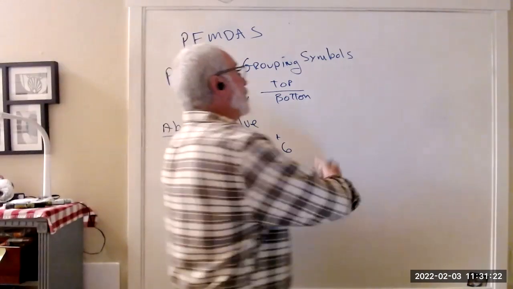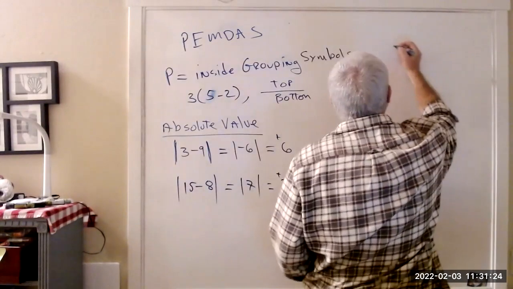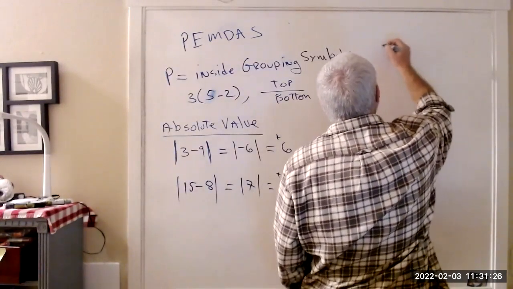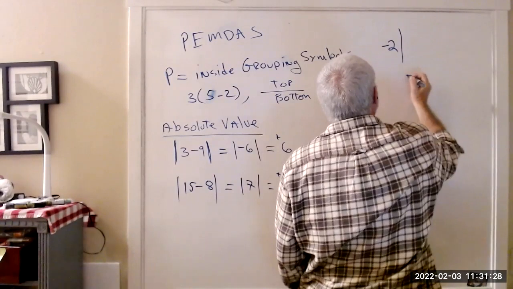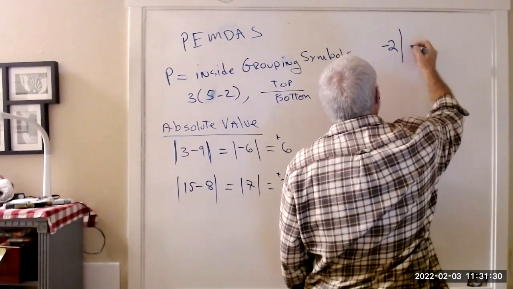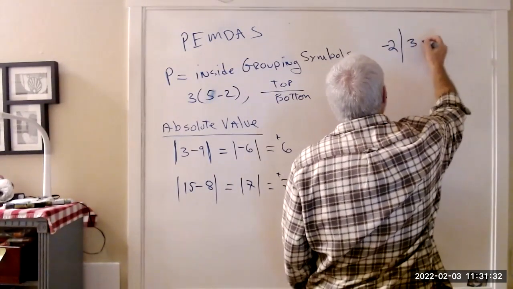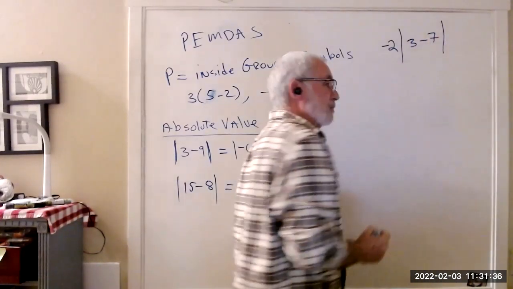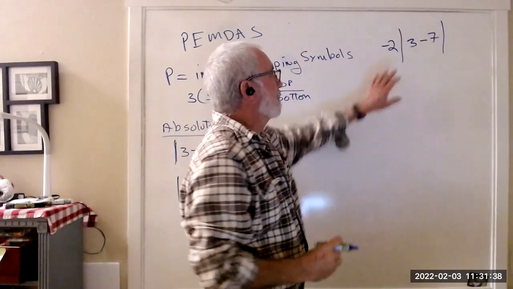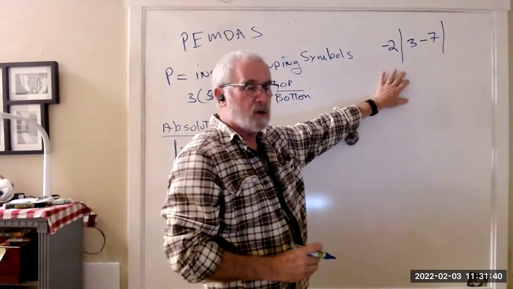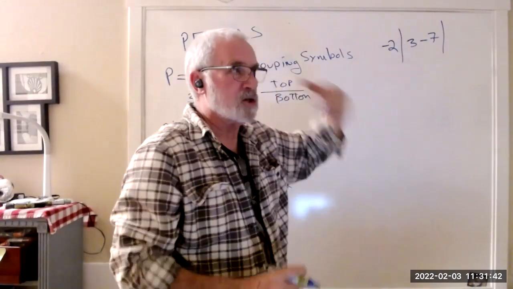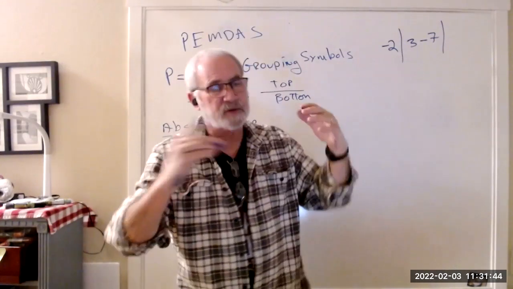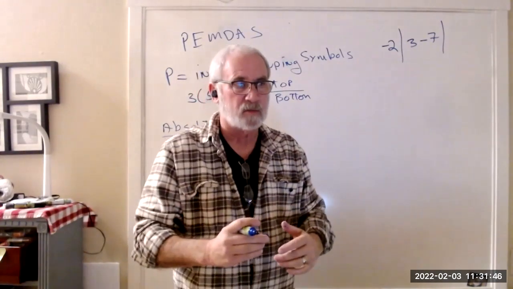Now, suppose I had -2 times the absolute value of 3 minus 7. Close absolute value. Okay. Now, PEMDAS says do the grouping symbols. Well, the absolute value is a grouping symbol.